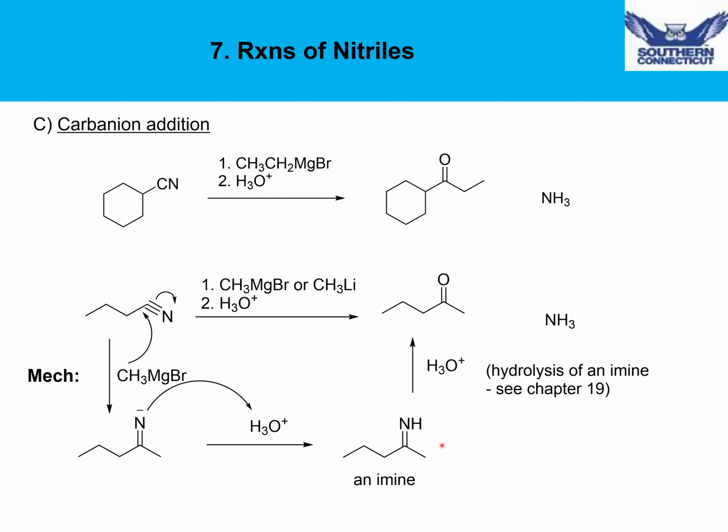And as we learned earlier this semester, imines, whenever we add aqueous acid, can go back to the corresponding carbonyl, usually a ketone or an aldehyde. In this case, this imine will be converted into this ketone plus ammonia as a byproduct.